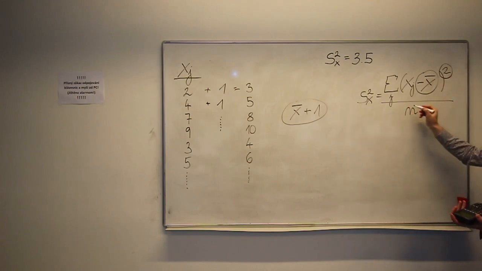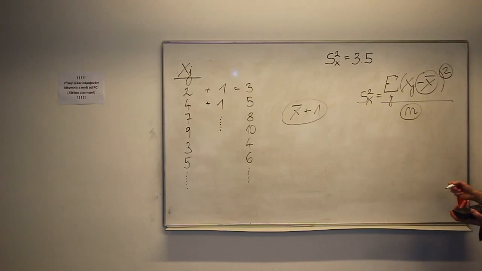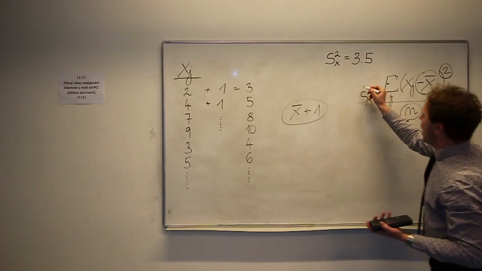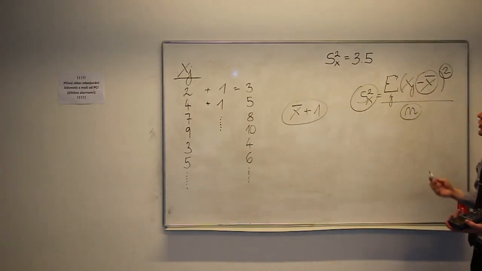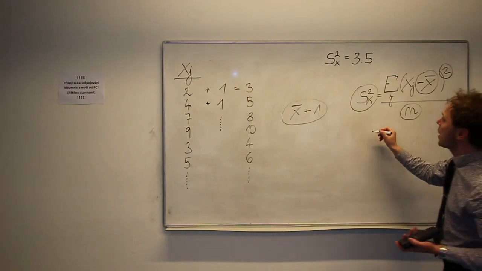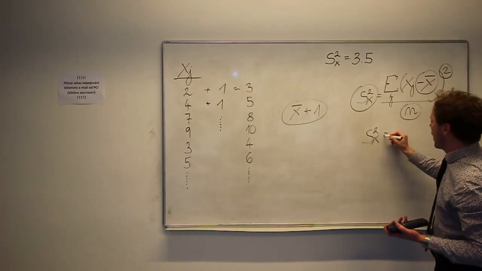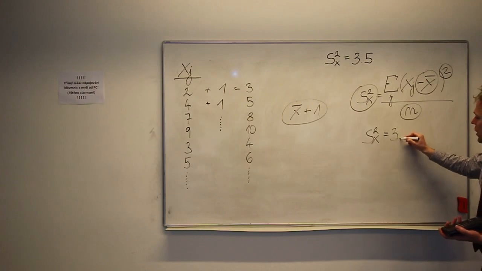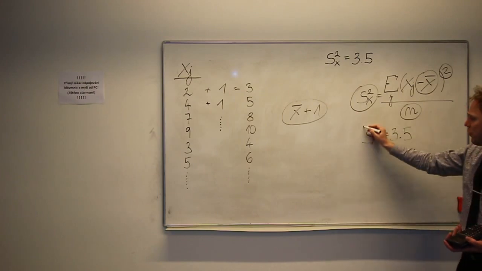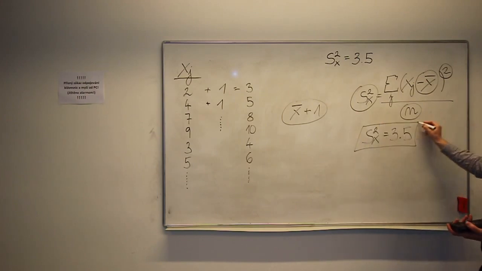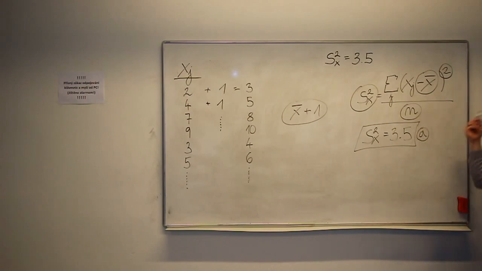The denominator is still the same, so the variance will not change. The variance will still be 3.5. So this is response A.